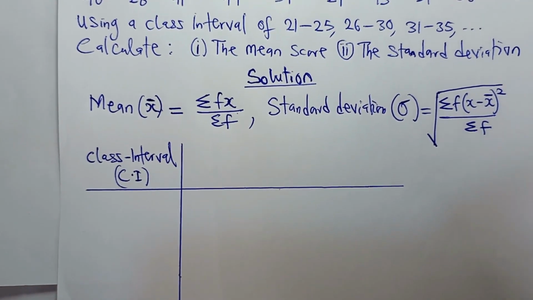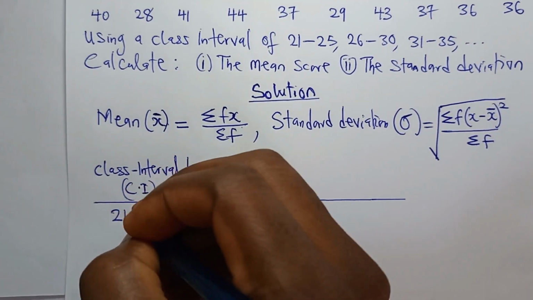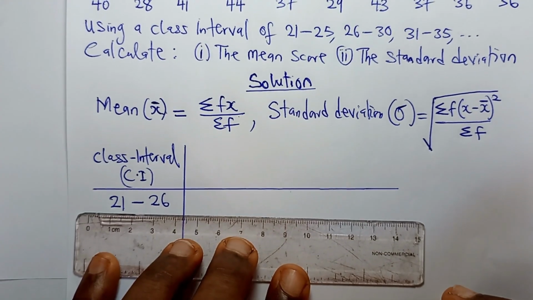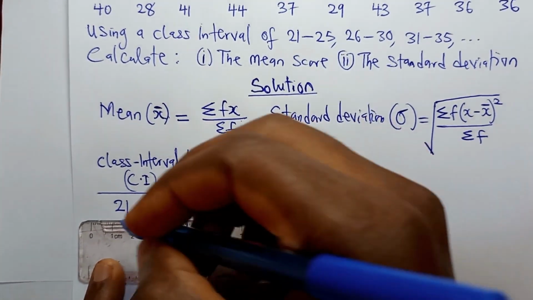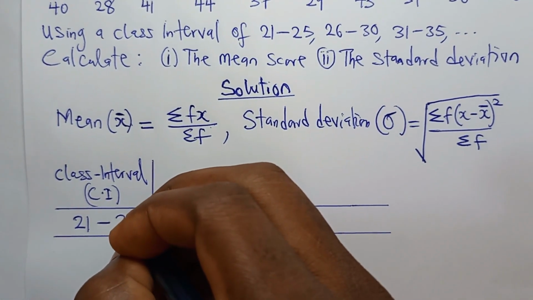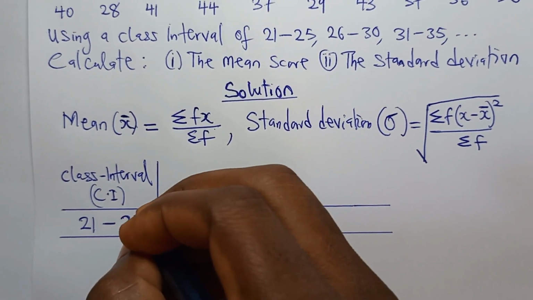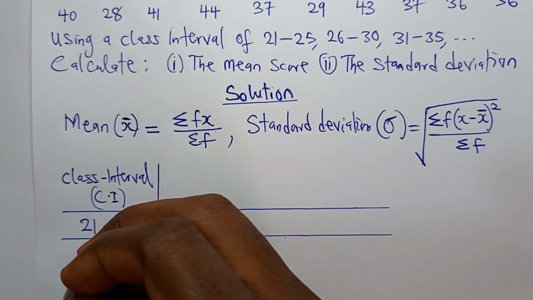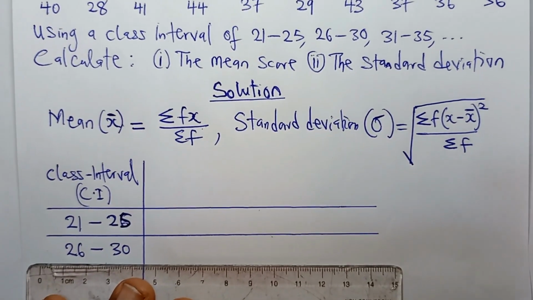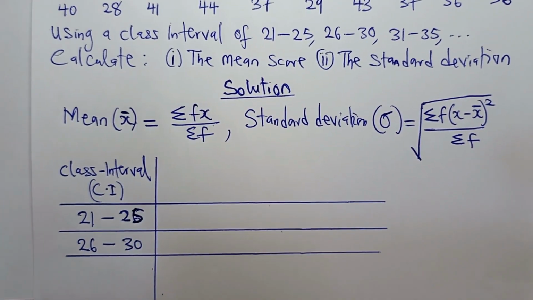By class interval, that is where we will get this 21 to 25 and so on. I'm just showing you the first one, I will add the others. After 21 to 25, we have 26 to 30 and so on. We'll conclude this part later.